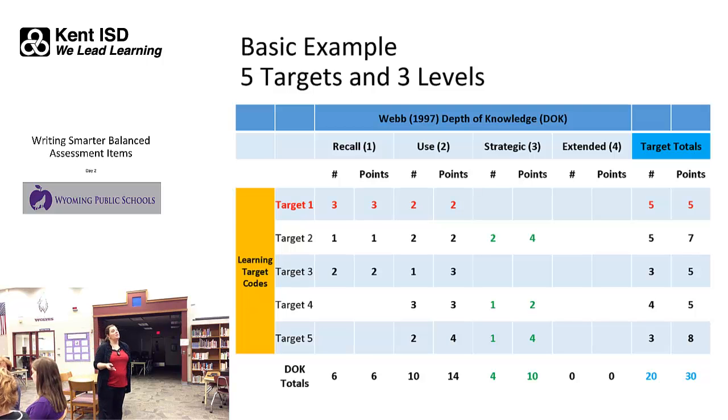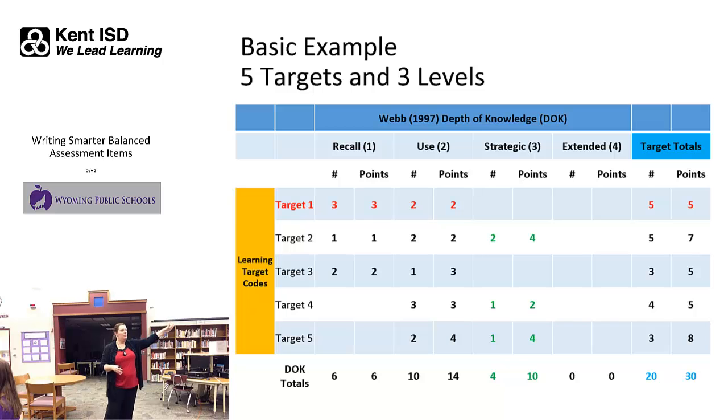That was a decision made by the team that created this testing blueprint. This also looks at where your recall, your level 1, will be worth fewer points than your level 3 or 4 because of what you're asking them to do at those different levels.